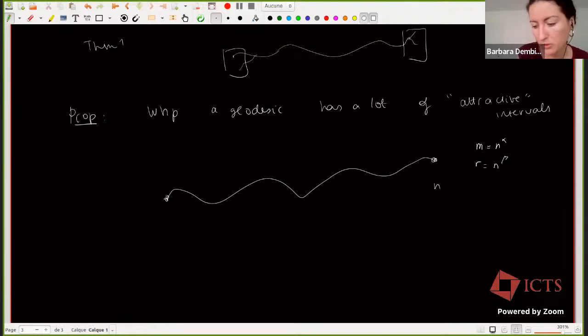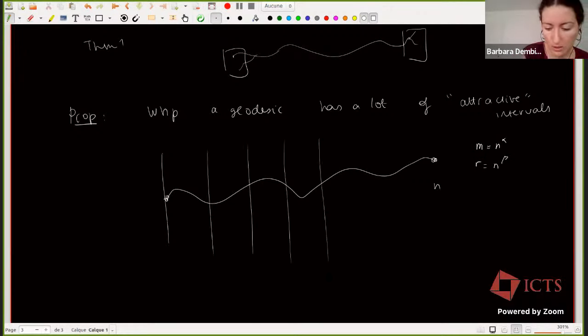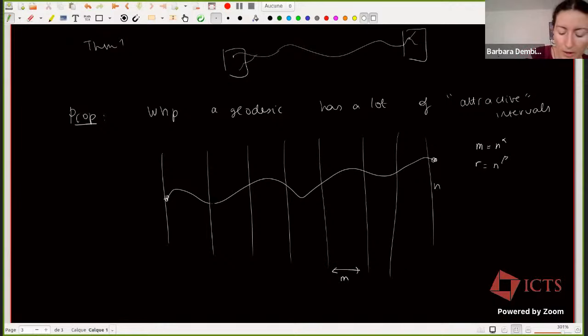It is quantified, but we won't pay too much attention to the values of alpha and beta. m is the typical size of an interval, so we split the geodesic into intervals of size m, and r is the size of the tubes along the geodesic that we are interested in.